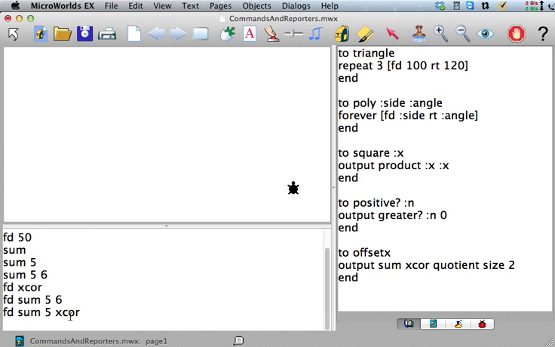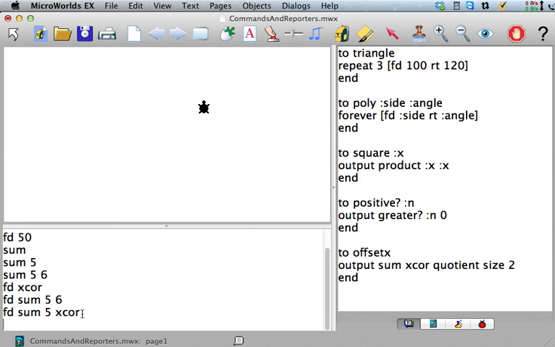That's interesting. I think it just wrapped around, so sometimes it'll wrap all the way around the screen. If we make our xcor a little smaller, yeah, it just goes forward a little bit. So we can piece these things together, and we're going to be talking more about how these things get pieced together.